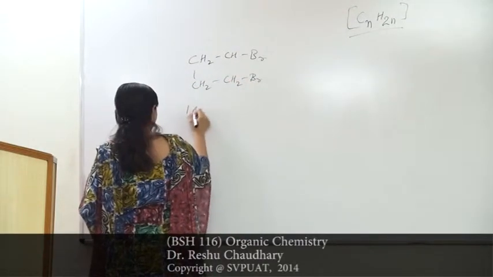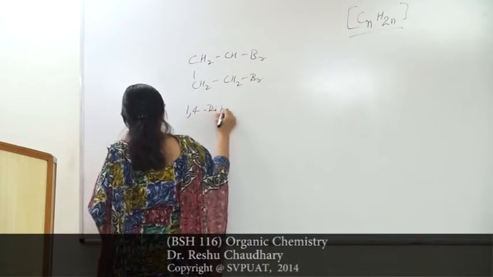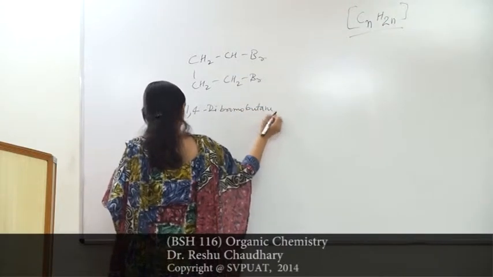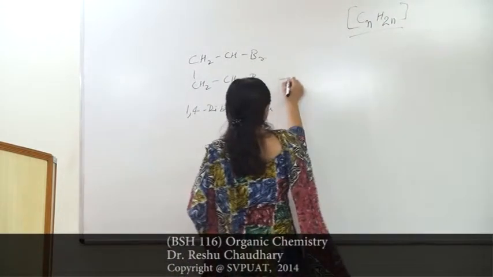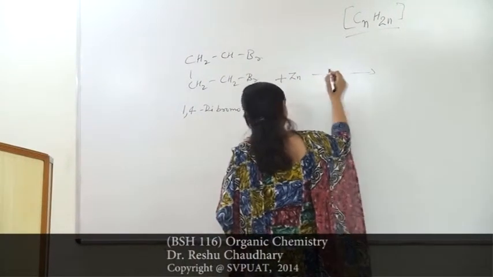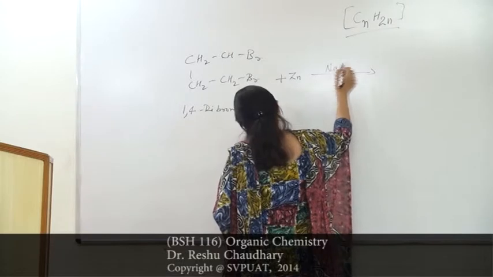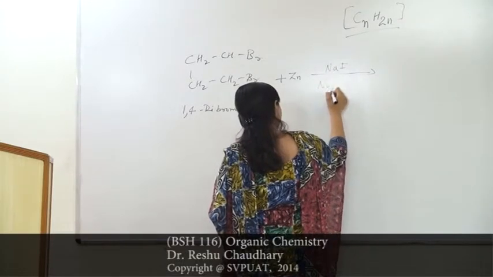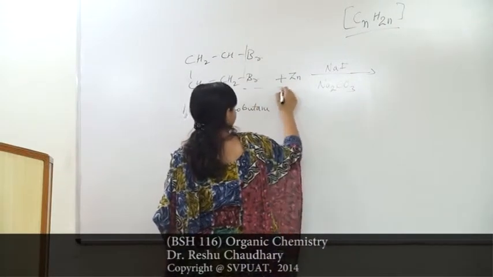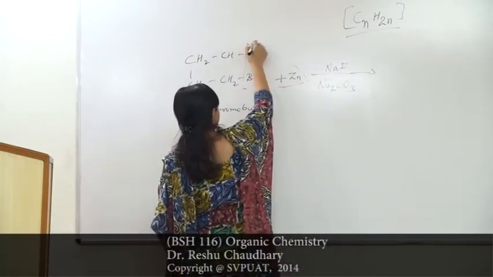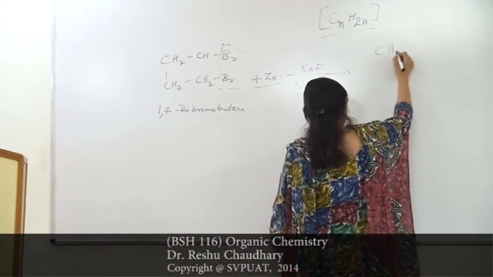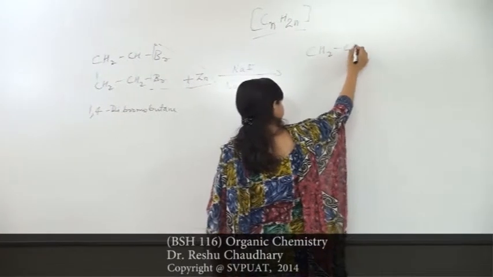This is 1,4-dibromobutane. When it reacts with zinc in presence of sodium iodide and sodium bicarbonate, then these two bromine and this one zinc react and cyclobutane is formed.